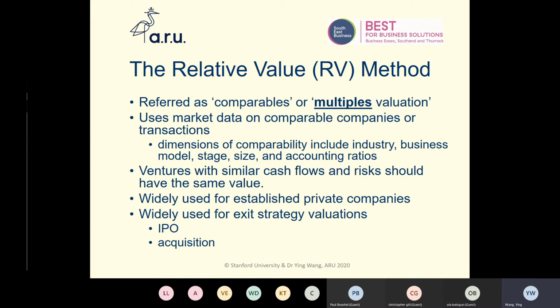Of course, the more factors you add into this matrix, the more accurate the multiple will be. So for ventures with similar cash flows and risk, the assumption is they should have similar value. It's widely used for established private companies. And of course, when the business tries to exit, like an IPO or mergers and acquisitions, they use this multiple quite a lot as a comparable to the other methods.